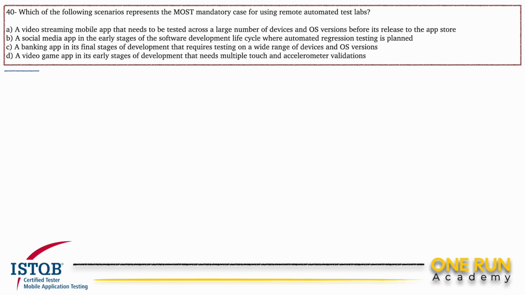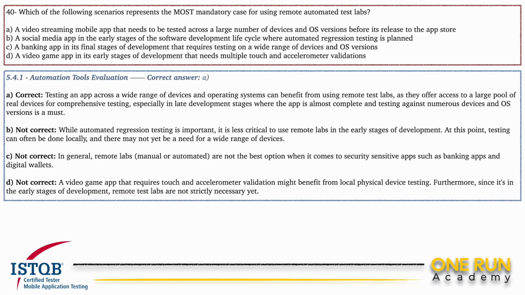Looking at option A, a video streaming mobile app that needs to be tested across a large number of devices and OS versions before its release to the App Store. I believe testing a video streaming app across many devices and OS versions is a classic use case for remote automated test labs, especially if we're talking about the final stages just before the app release, as it's crucial to ensure that it functions smoothly across a wide variety of real devices.